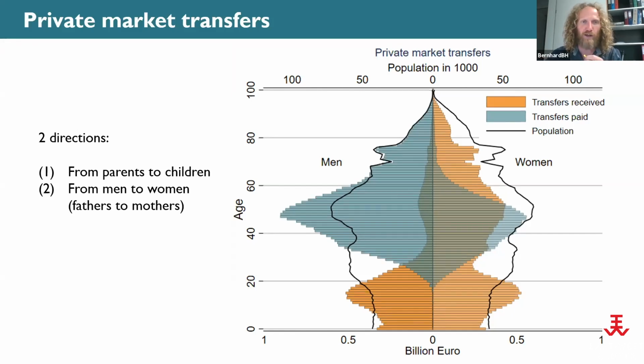And there are mainly two directions, that is from parents to children, but also from man to woman. So these transfers between genders are also a result of transfers to children in the end, because women take care of the children, they stay home, they have lower income, lower pension later in life, and partly they are compensated for by transfers from their partners.